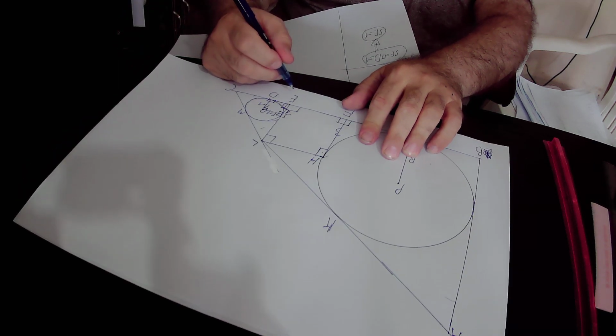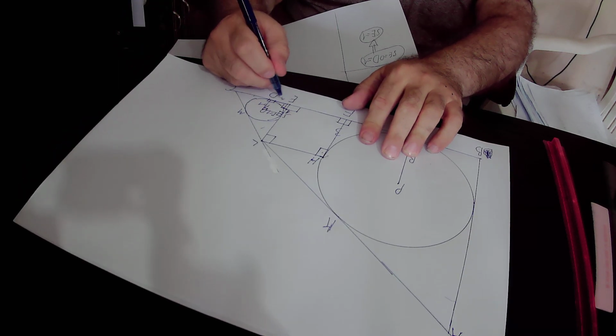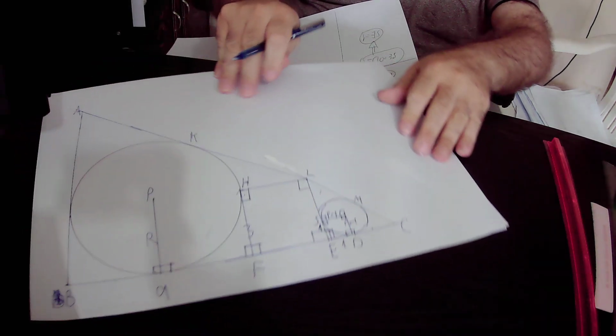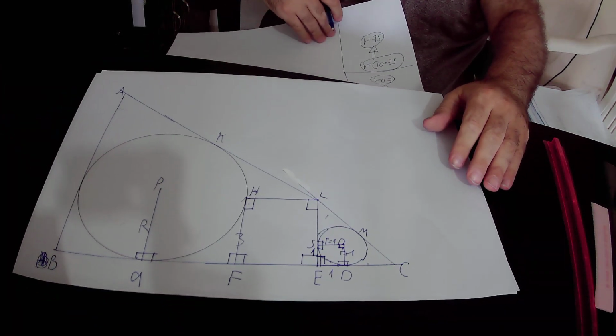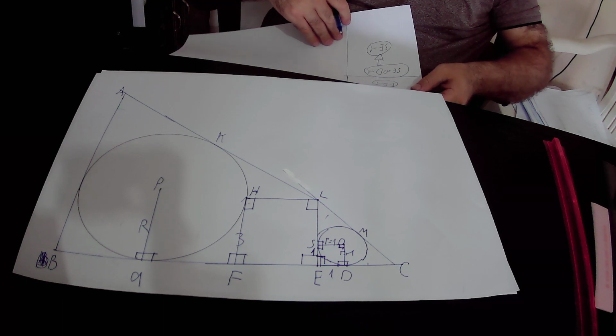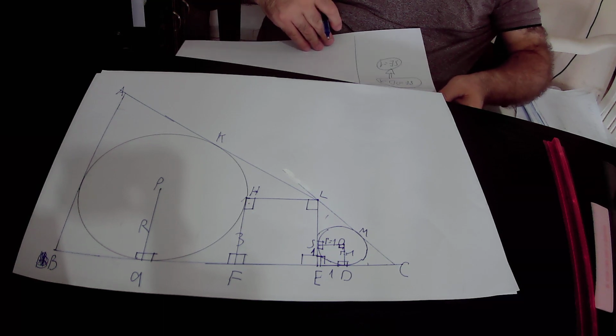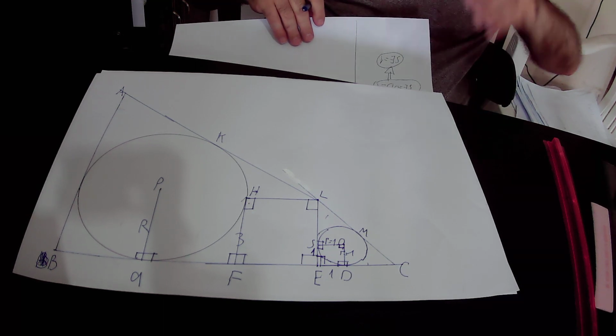We already found out that ED is also equal to 1 unit. So actually we found out that quadrilateral SOED is not a rectangle but a square, because all of its sides are equal to 1.